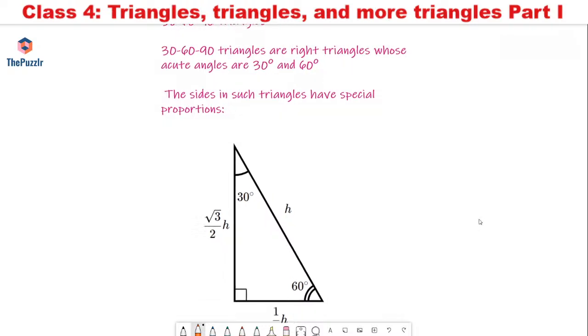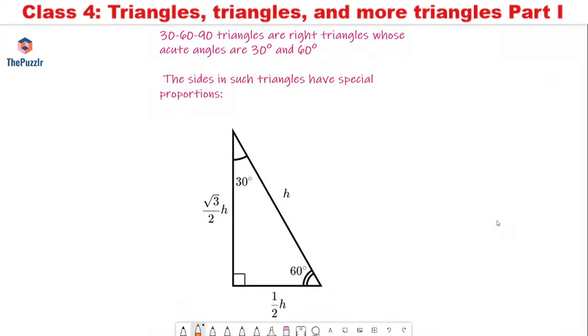Okay. So we have a 30-60-90 degree triangle. We have this length as 1/2 h. Let me make my pen size bigger. We have this length as 1/2 h, this length as square root of 3/2 h, and this length as h. You probably don't get what I'm referring to.